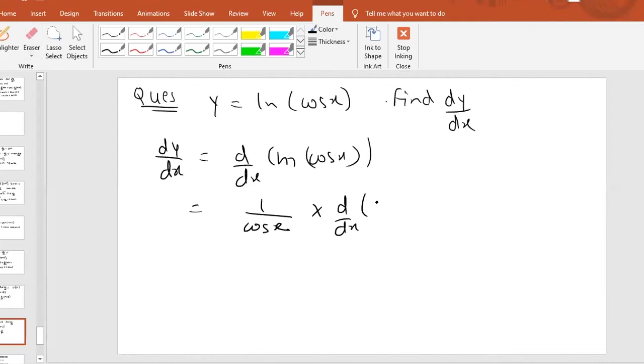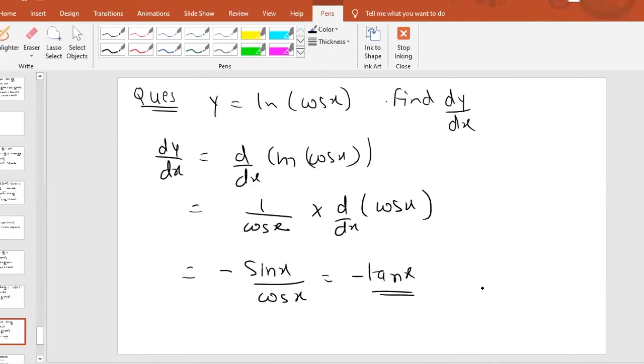Now differentiation of cos x with respect to x is minus sin x, so the answer would be minus sin x by cos x. We can further write this as minus tan x. Understand?